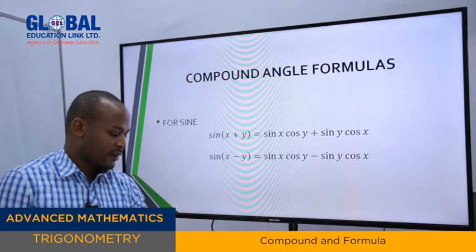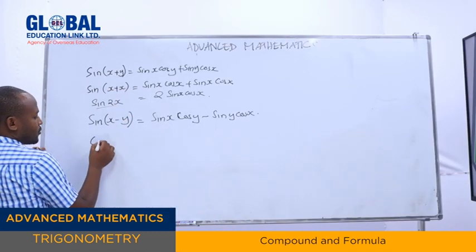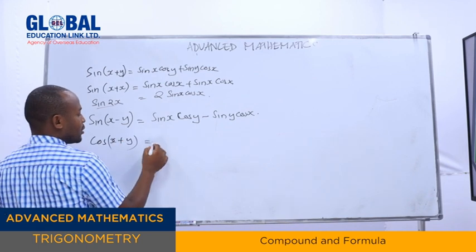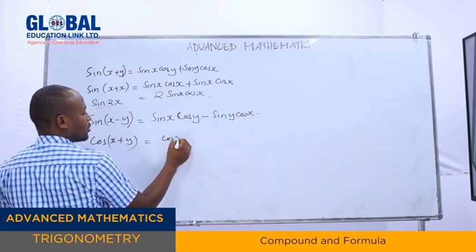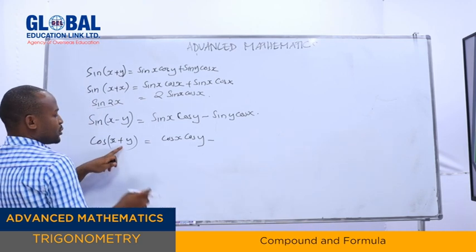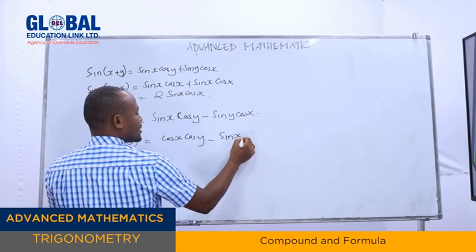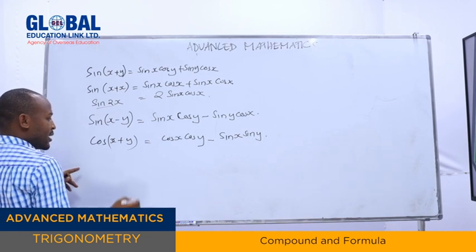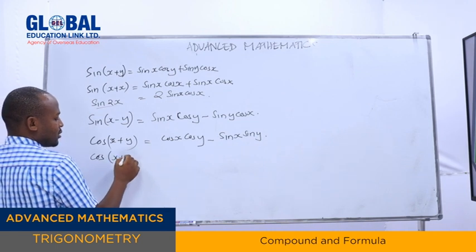Now let's see cosine. For cosine, we have cos of x plus y. This equals cos x cos y minus sin x sin y; it was plus but it becomes minus. What if we have cos of x plus x?